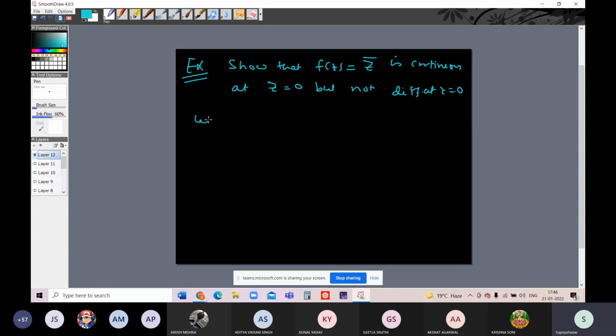Okay, so you know that z can be written as z equal to x plus iy. So its conjugate z bar will be x minus iy. So the function is z bar, it is x minus iy.